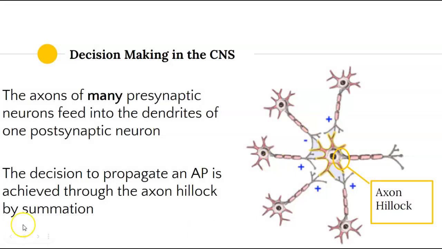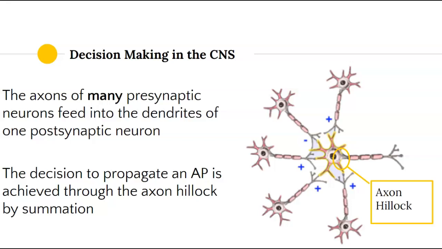Okay, so decision-making in the central nervous system, when we're talking about how we actually send out action potentials, one axon can feed multiple other dendrites.